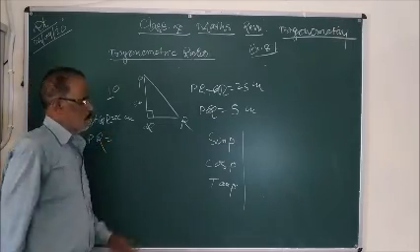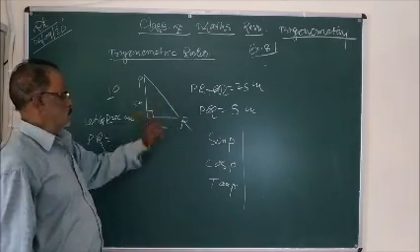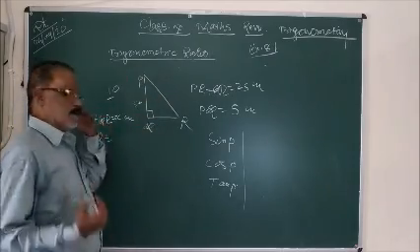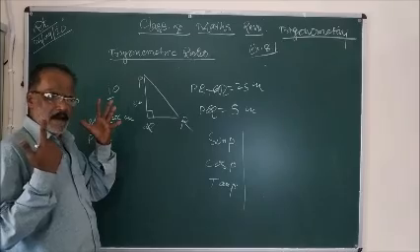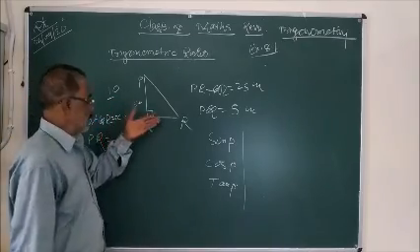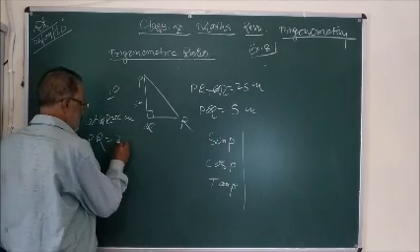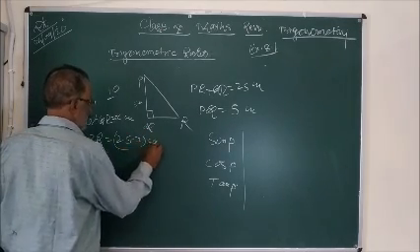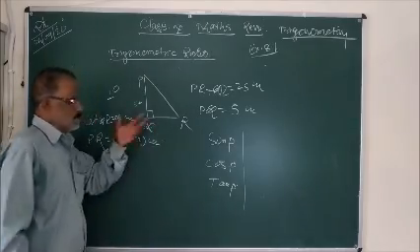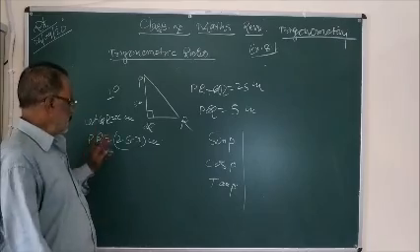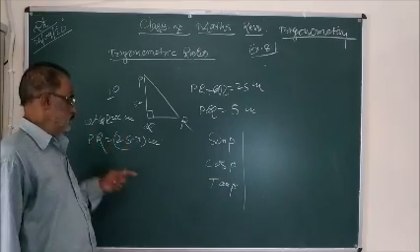PR plus QR is 25, and this is a very simple question. PR will be 25 minus X, because one part is X and the sum of the parts is 25, so naturally the other part will be 25 minus X.